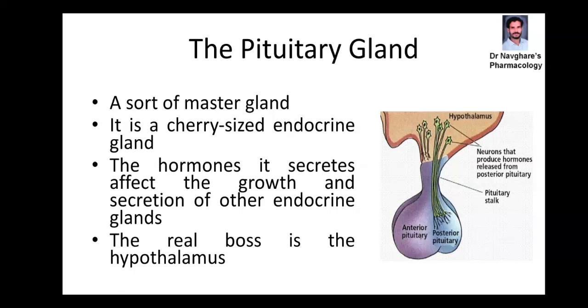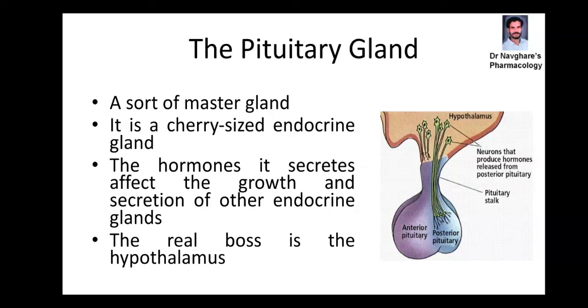So the hypothalamus gives a message to the pituitary, and through the pituitary gland this message is broadcast to different target glands. It is a cherry size endocrine gland. The hormones it secretes affect the growth and secretion of other endocrine glands.